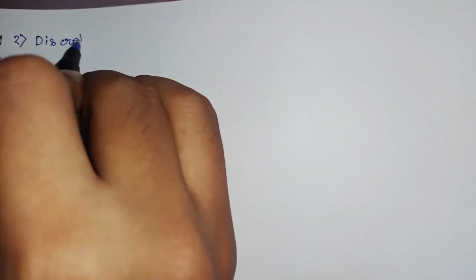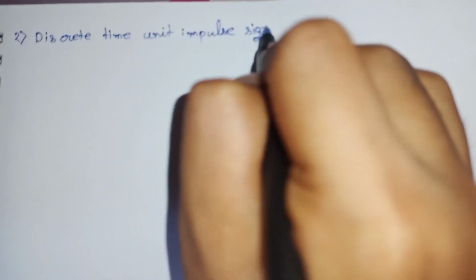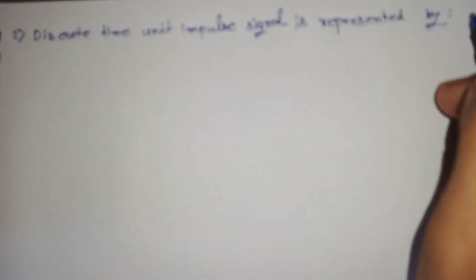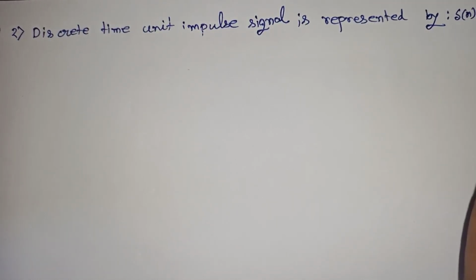Next is discrete time unit impulse signal, represented by del n equals to 1 into del n.